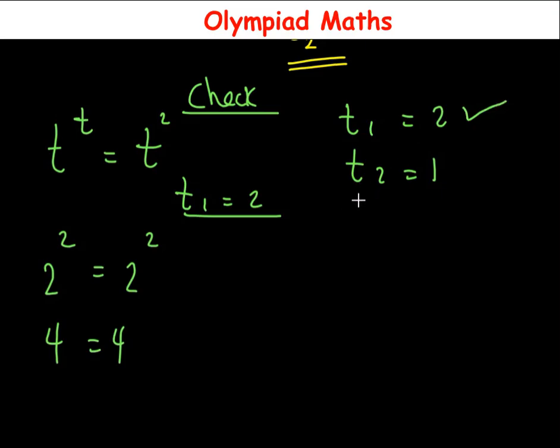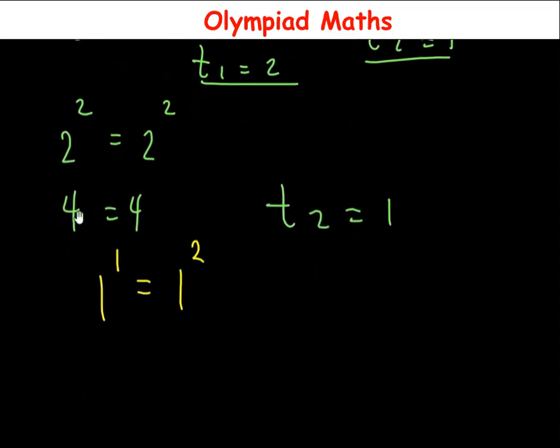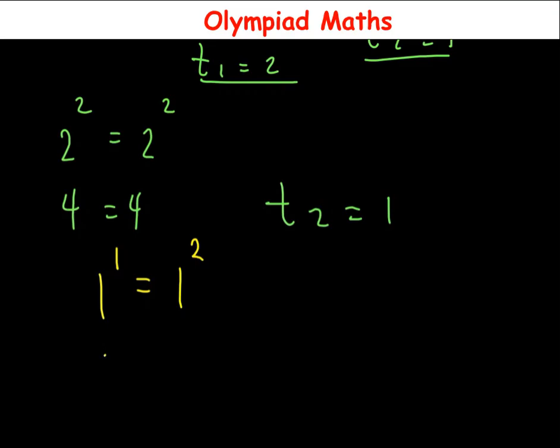Now let's also confirm for the second solution. So when t2 equals 1, that means that you replace t with 1. So in the equation t raised to power t is equal to t raised to power 2, t is now 1. 1 raised to power 1 equals 1 raised to power 2. Now, 1 raised to power 1 is 1, which equals 1 raised to power 2, which is 1.